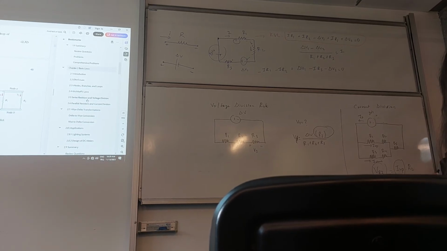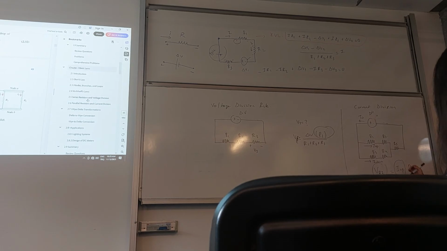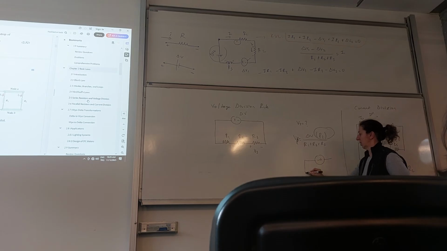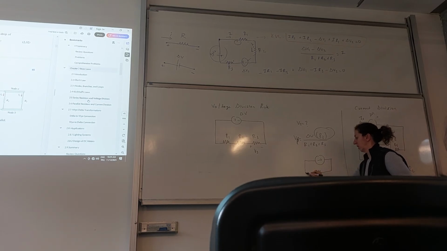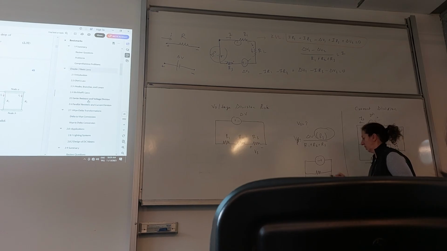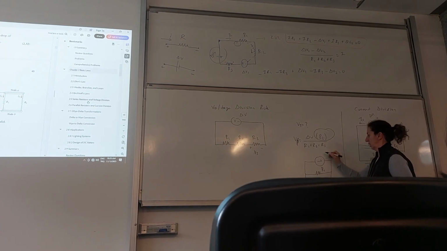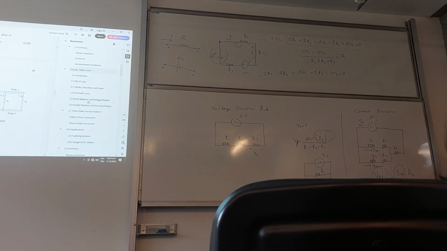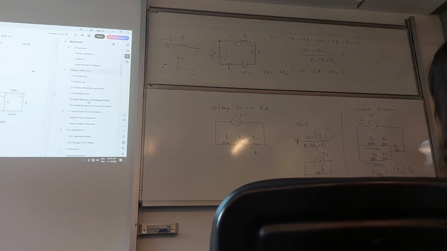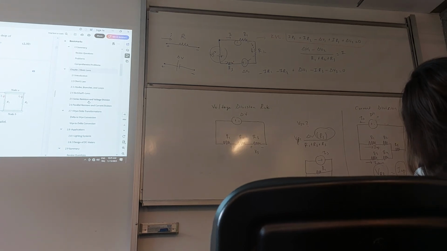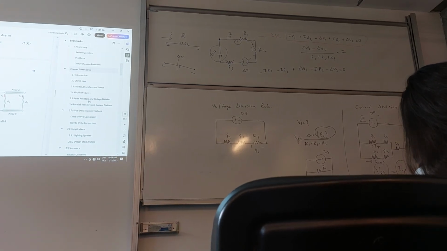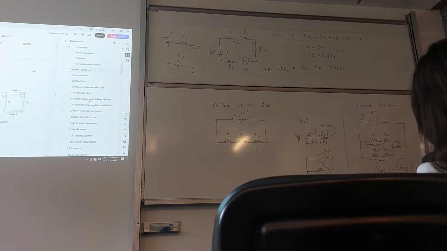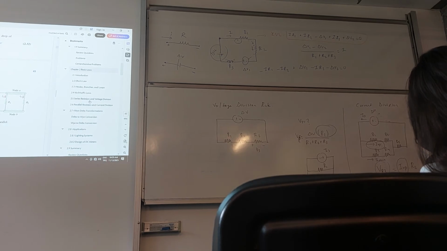But be careful with the current division rule, especially if it is not just this one. Still, the current division rule works the same way, but when the configuration changes, do not just make an assumption, really understand how we are supposed to calculate it. So how can I calculate this current by using the current division rule?